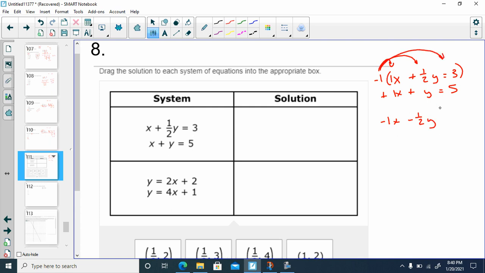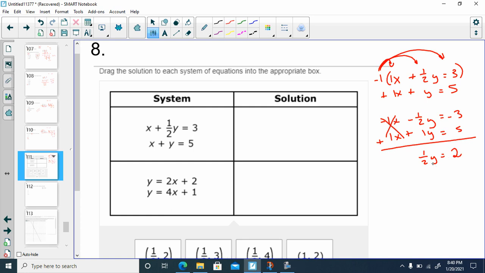Negative 1 times 3, you give me negative 3. Now let's add this other one. I've got 1x plus y, that's 1y, right? If there's nothing in front of it, equals 5. Negative 1x plus 1x is 0. That eliminates that variable. That's 0. Okay. Negative 1/2 plus 1 gives me 1/2 y is equal to 2.